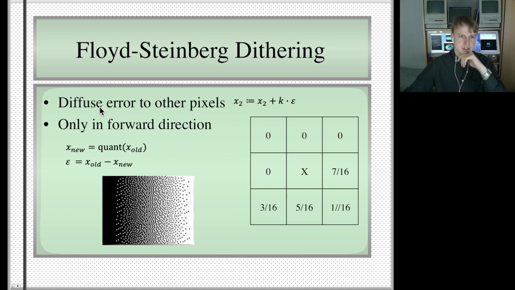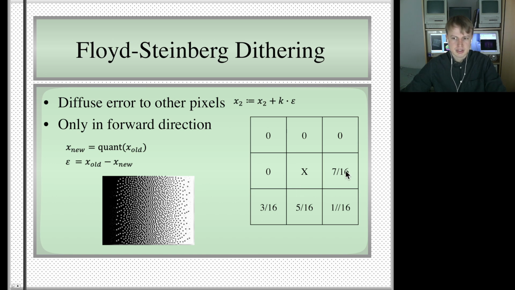And for that, we will use this diffusion error equation. So we take the error, multiply it by some constant k, and add it to all the x2, which are these in the surrounding area, and the k is in this matrix. So this one is the pixel for which we did the quantization, and the k for these surrounding pixels is 0, so we leave them as they are.